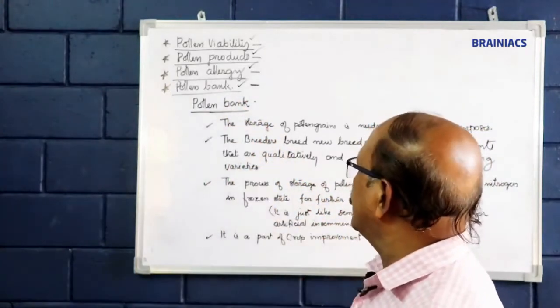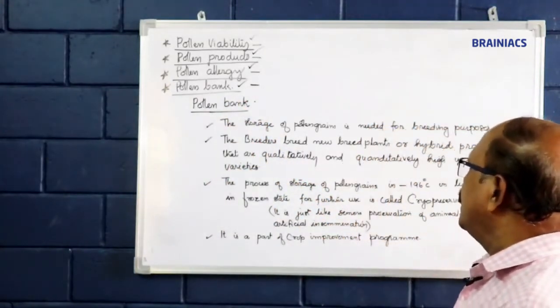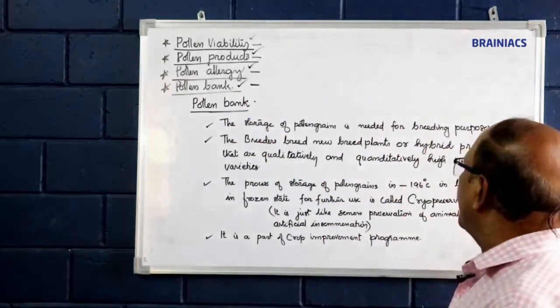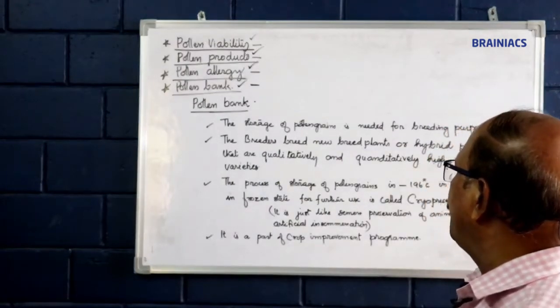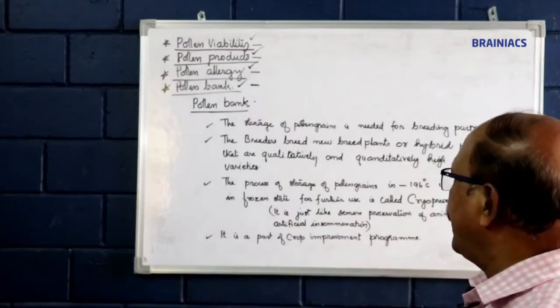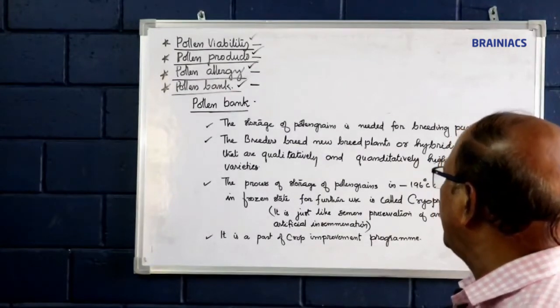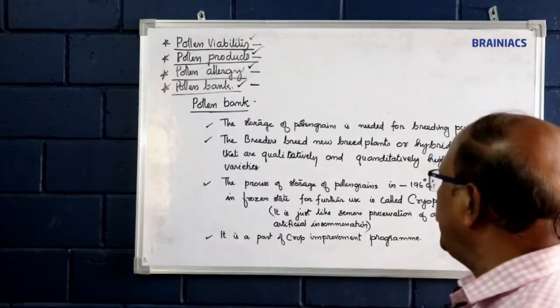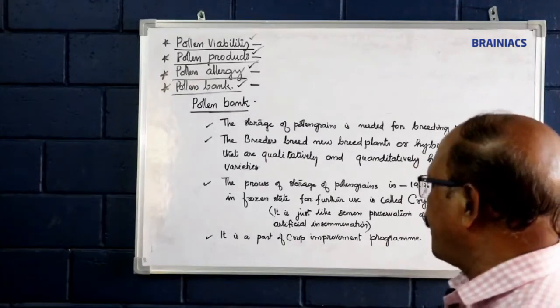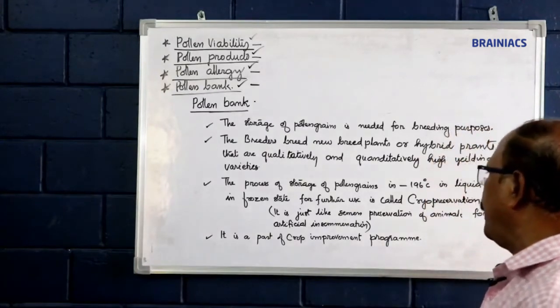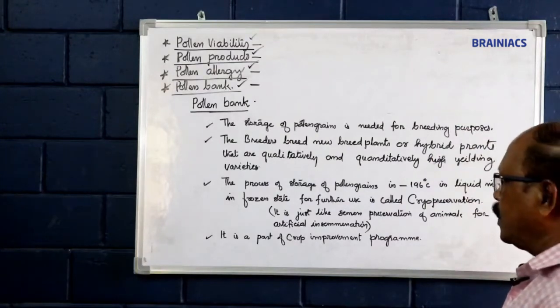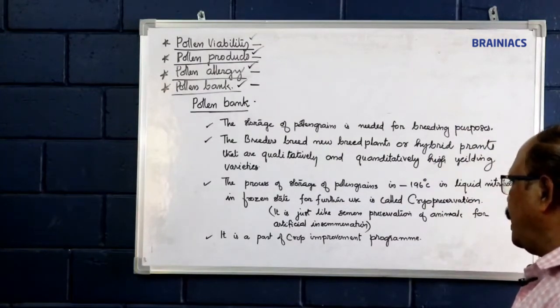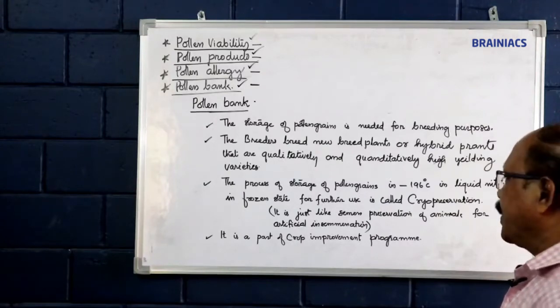Pollen bank. The storage of pollen grains is needed for breeding purposes. The breeders breed new plants or hybrid plants that are qualitatively and quantitatively high yielding varieties. The process of storage of pollen grains at minus 196 degrees centigrade in liquid nitrogen in a frozen state for further use is called cryopreservation.